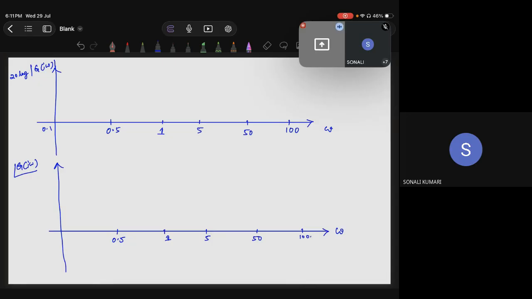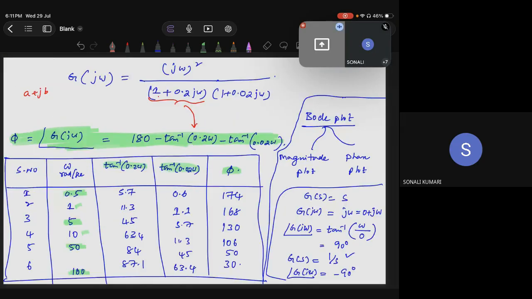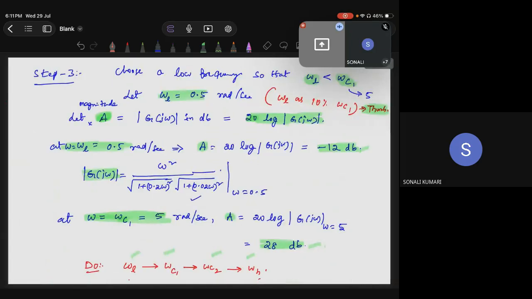Now let us check this. We have to check at 0.5, what is the magnitude? Basically, what is 0.5? Omega L, omega C1, omega C2, and omega H. At omega L, what is our magnitude? Let me go back and check.